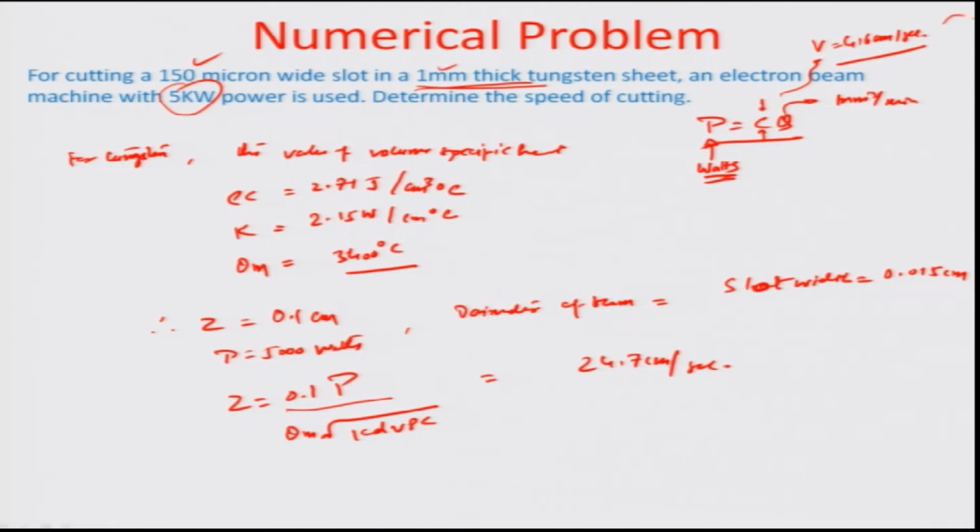So, it is about 6 times higher, as you can see, than what was predicted by the guesstimate with the different C values. So, this is a more appropriate expression that actually leads to prediction of the cutting speed or cutting velocity of an e-beam system.